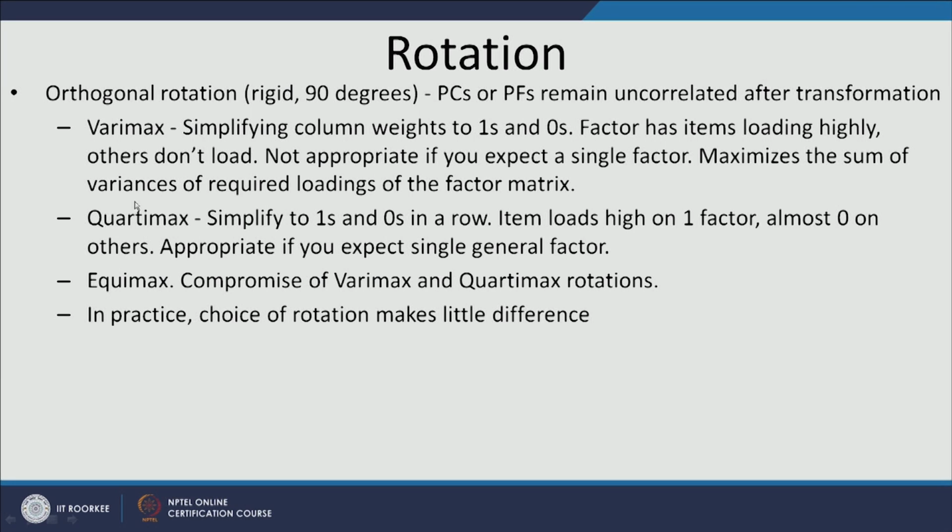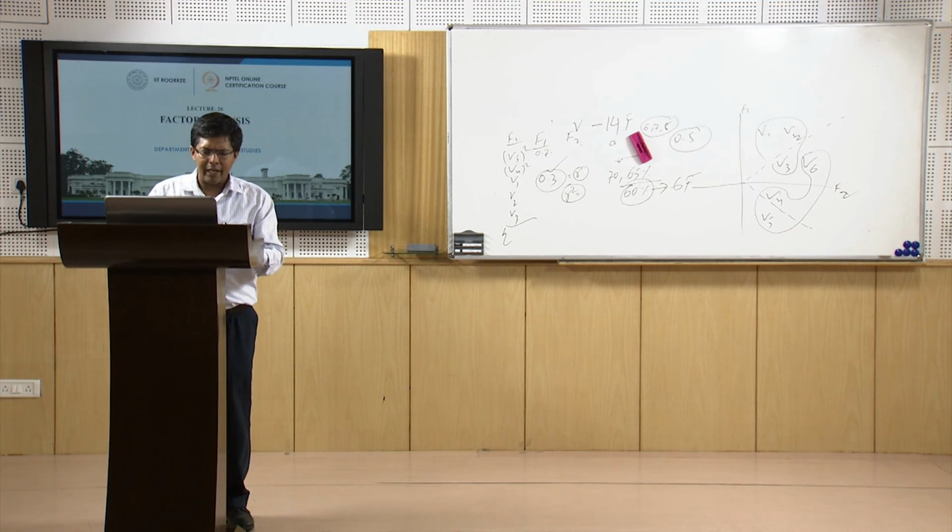Other methods under orthogonal are Quartimax and Equimax, which are seldom used, because they work basically on the rows. It simplifies to ones and zeros in the row: an item loads on one factor and almost 0 on others. So this is generally less utilized in comparison to Varimax, which is on a column basis.